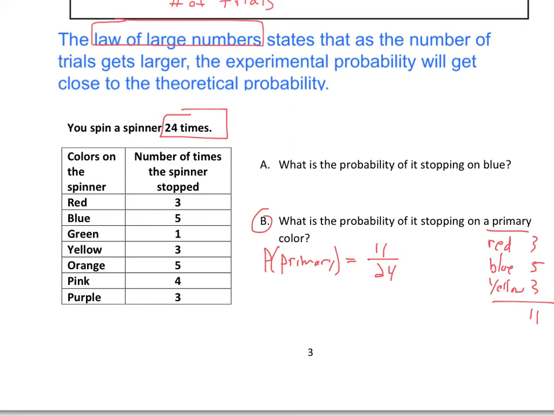But when we're dealing with an experimental probability, we don't typically leave our answer as a fraction. We tend to use decimals or percentages because they're not exact. They're approximations of what the real probability would be. So we do 11 divided by 24 on a calculator, and we get the decimal approximation 0.458, which has been rounded off, or 45.8%.